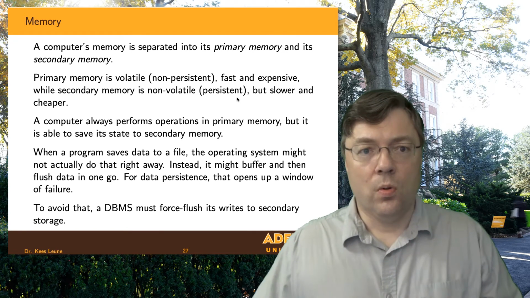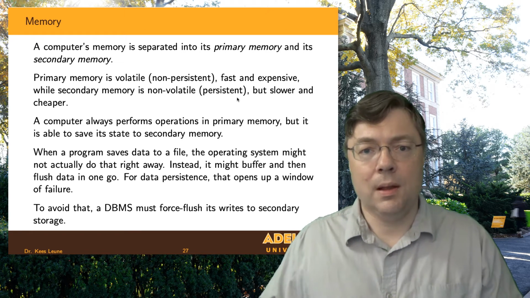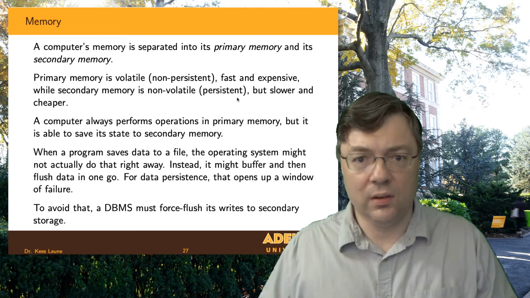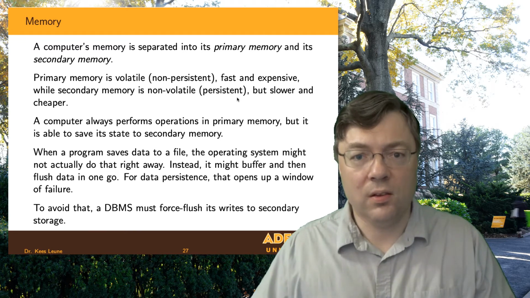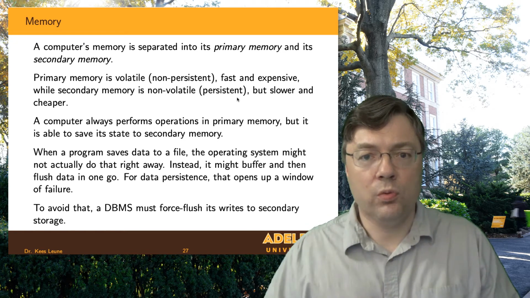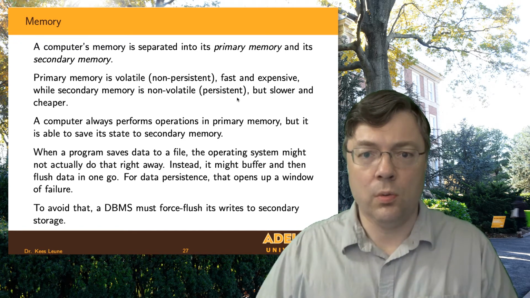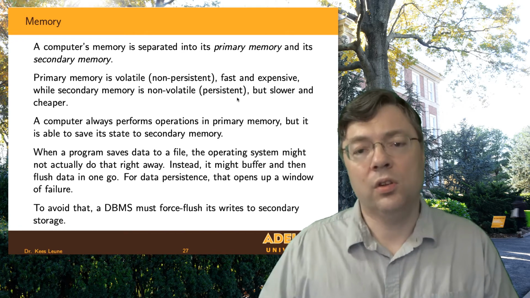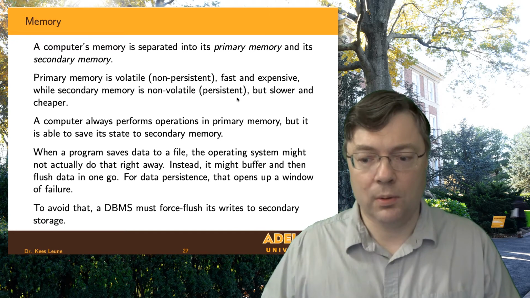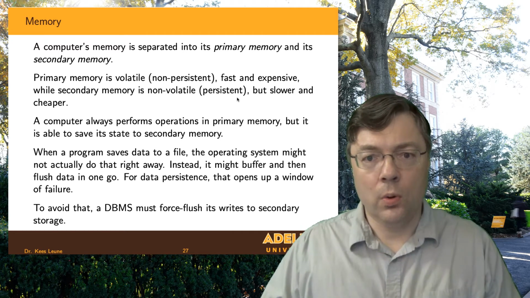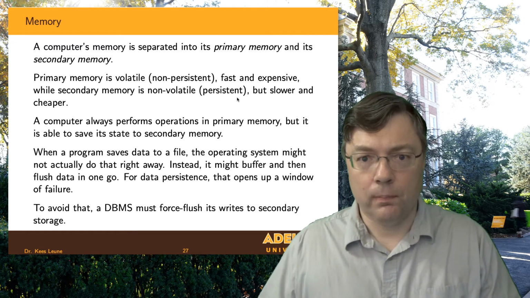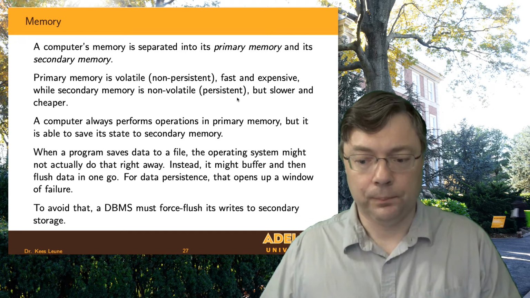That's nearly impossible, which means that the DBMS must make sure that it knows what data is being flushed to disk. That means that when we commit transactions, at that point primary memory is flushed to disk, and we do not continue and say yes, commit successful, until we have received confirmation that the memory has actually been saved. And so dealing with just that low level of how the operating system works is tricky.